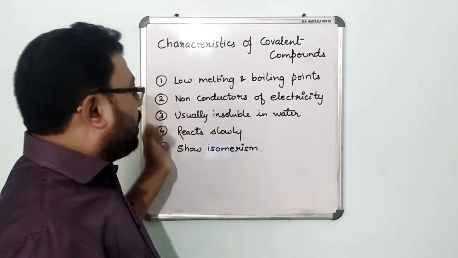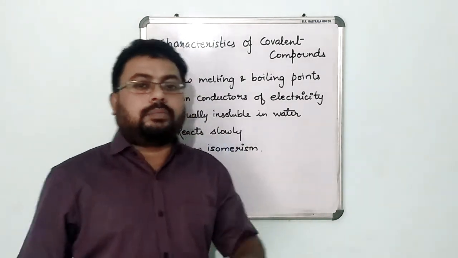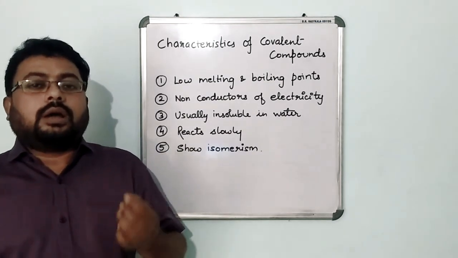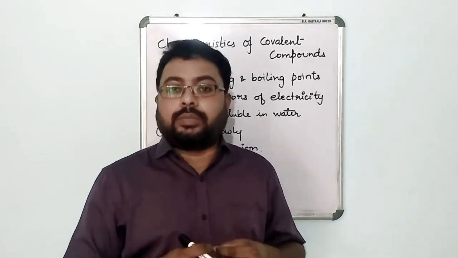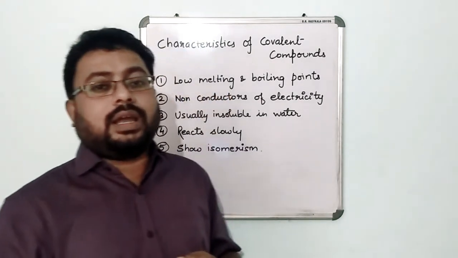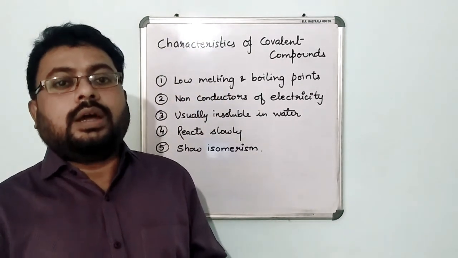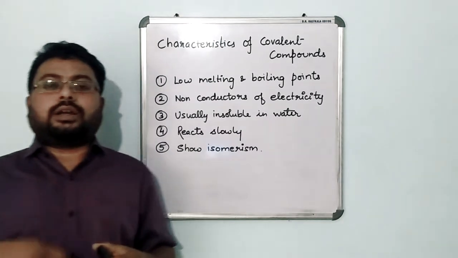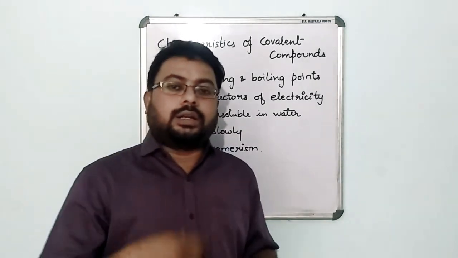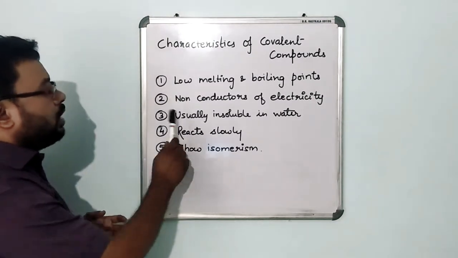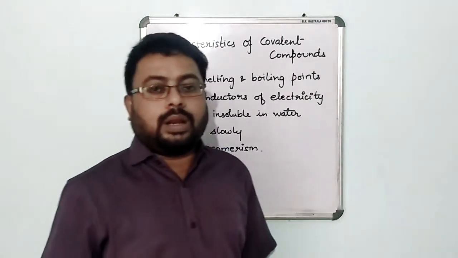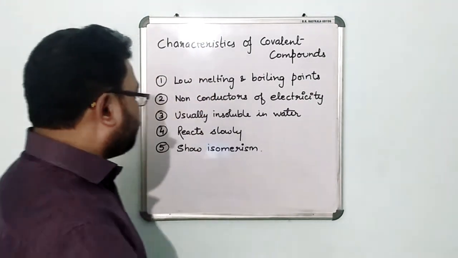So lots of covalent compounds are insoluble in water, but yes, some polar covalent compounds are soluble in water. For example, hydrogen chloride, if you try to dissolve it in water, it will dissolve. That's why I have written usually insoluble in water.